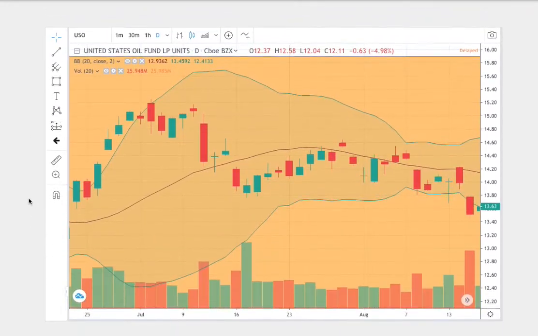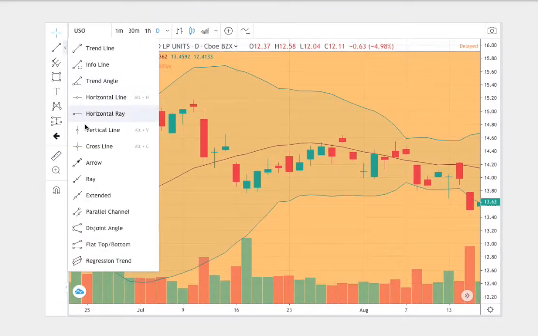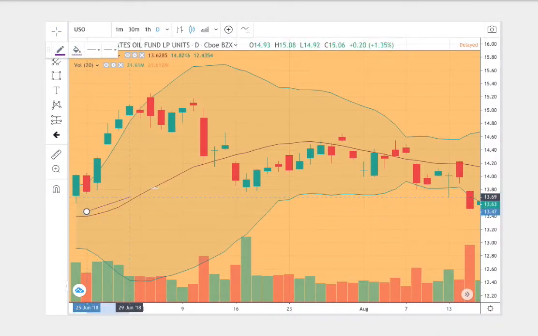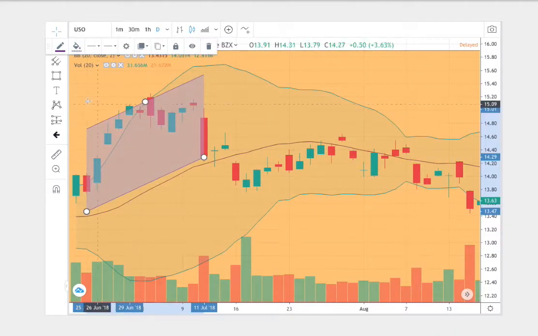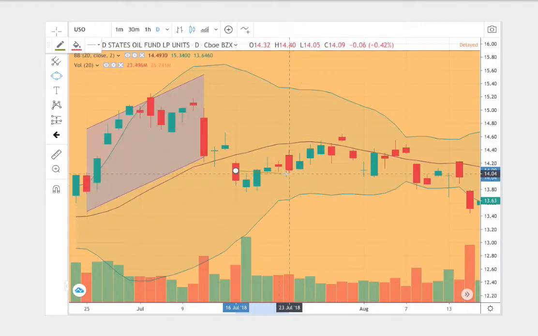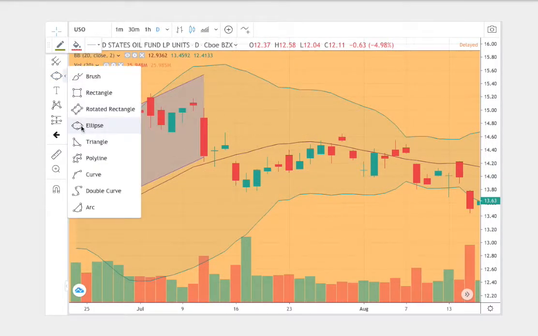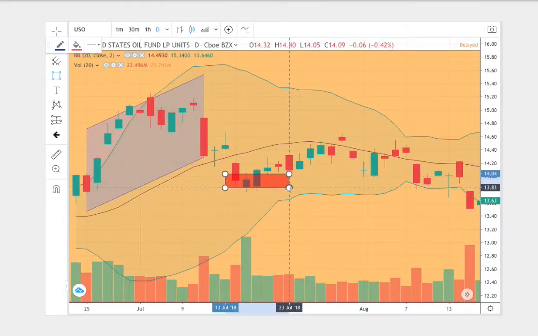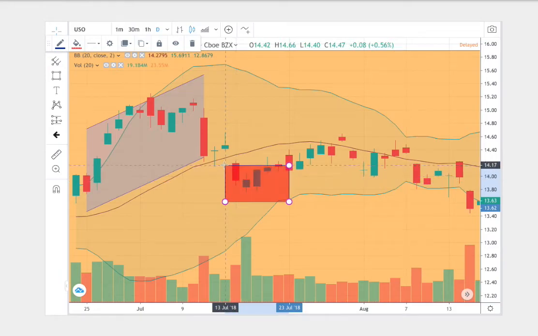On this trend in question, what we also see is the trend remained above the middle Bollinger Band, and then it continued to break down, nearing the bottom Bollinger Band, not quite touching it, as compared to the trend that we saw in today's current trend.